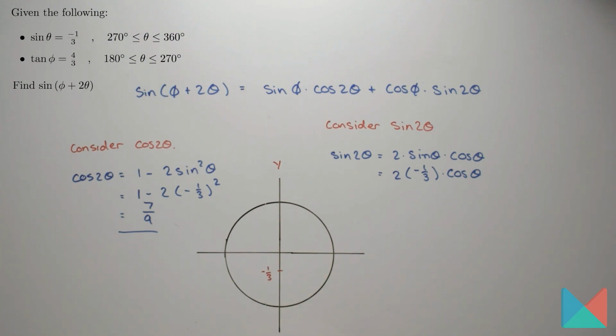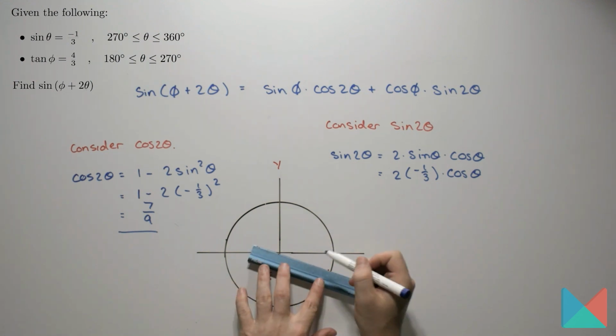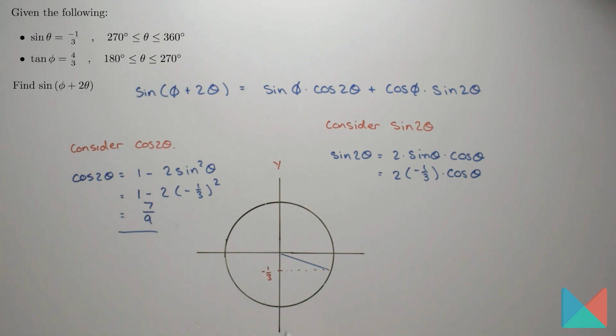And because the domain of theta is between 270 and 360, we're only going to be considering the angle created in the 4th quadrant. So let's write in this angle. And so theta will be what we have here.